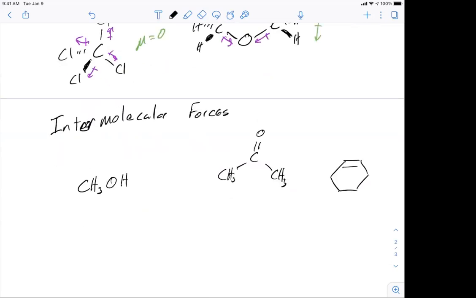Give me the intermolecular forces that would be the main contributor for these three.